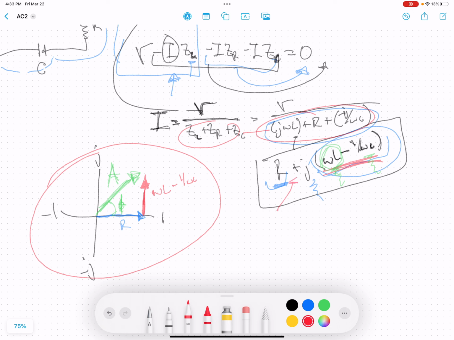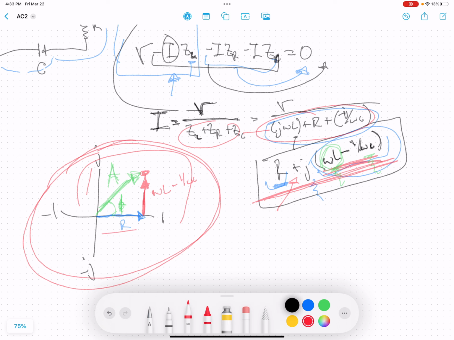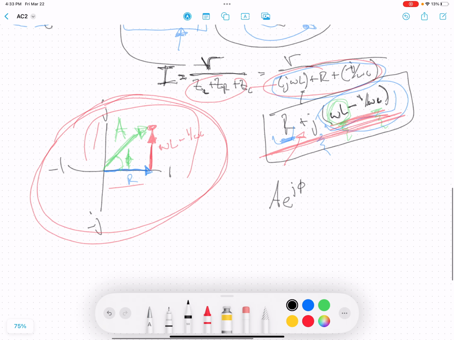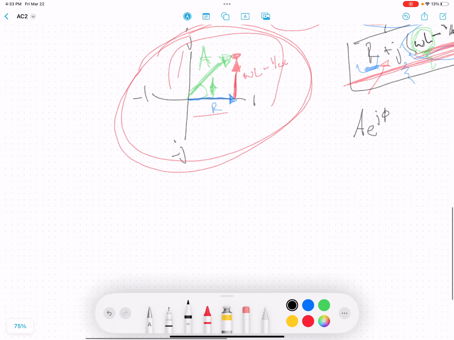I look at this and I say, oh, this is just a coordinate on the real imaginary plane. And if I build it out and I use a little bit of trigonometry in here, I can rewrite this in Euler's form like this, A e to the j phi. Okay, this is so much happier to work with than what I had before. Okay, so now, scroll down some more.